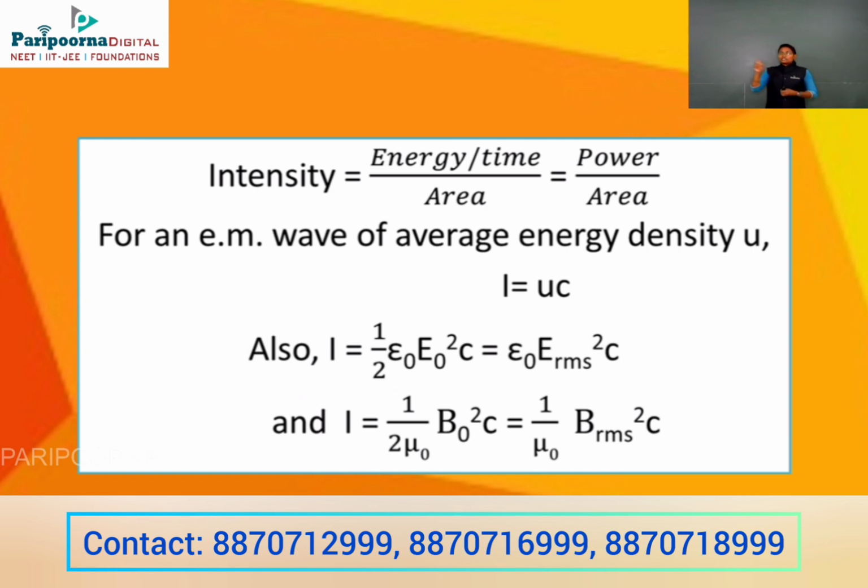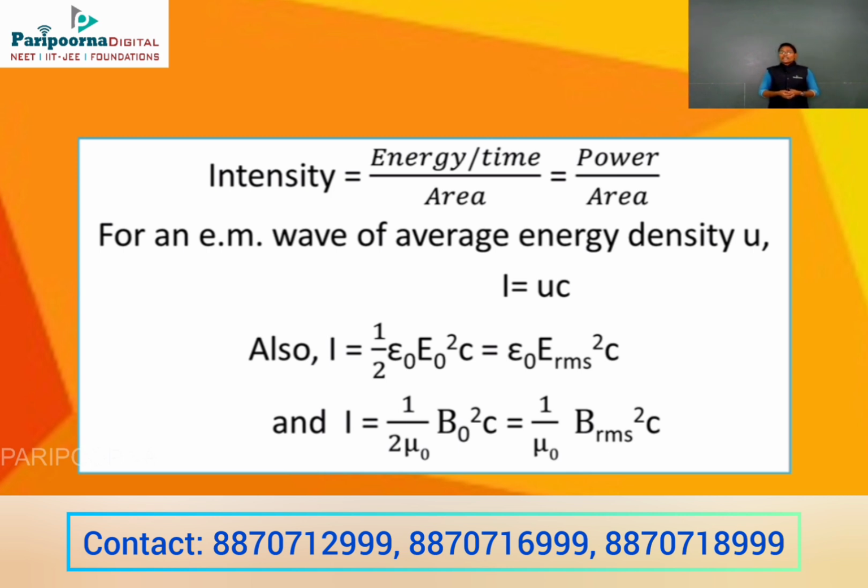So intensity of the wave is nothing but energy per time divided by the total area. Energy by time can be represented as power, so power divided by area. For an electromagnetic wave of average energy density U, I equal to Uc.